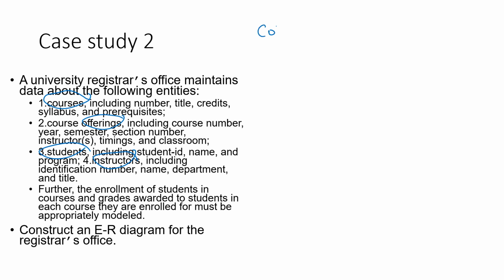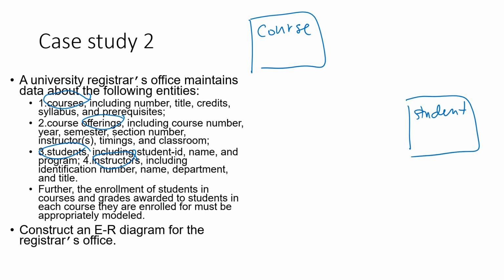We have course, and then we have student. You can write down the attributes here. For the student, because it is given: student ID, name, program. For course: number, title, credits, and so on.